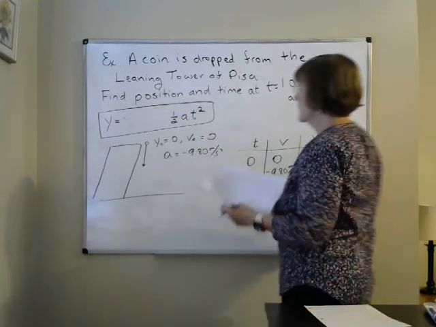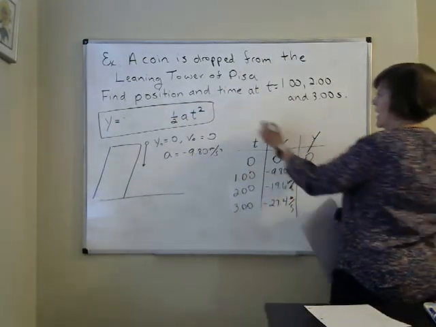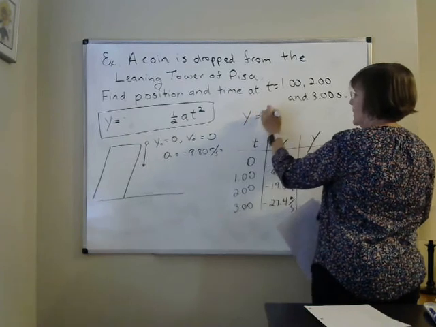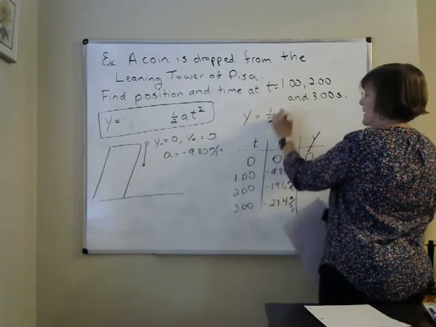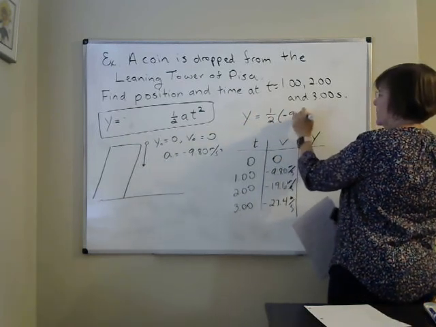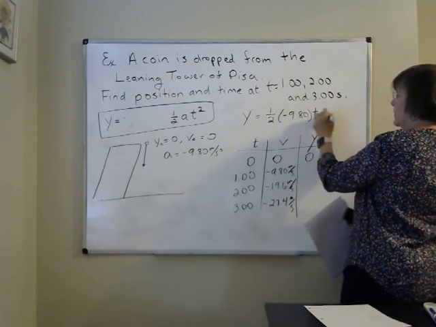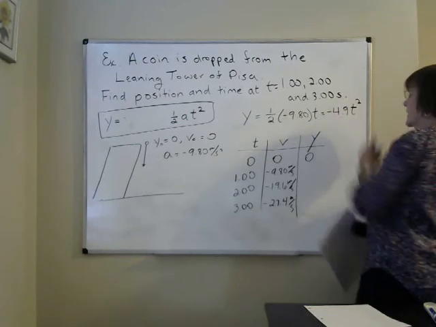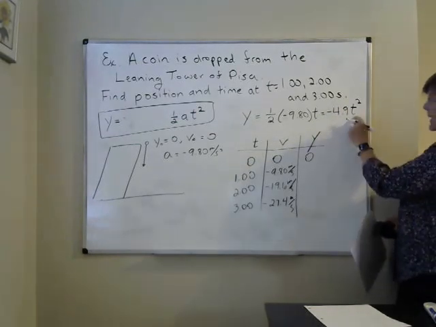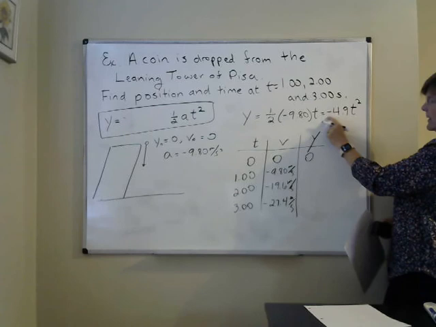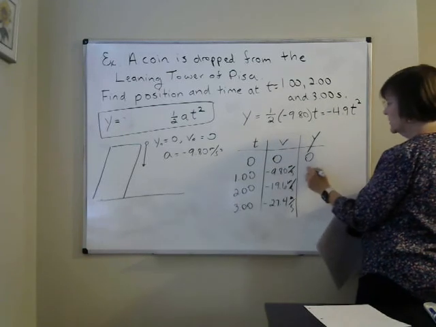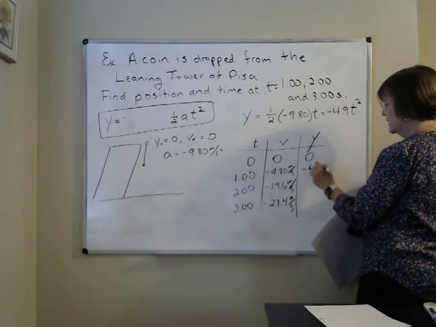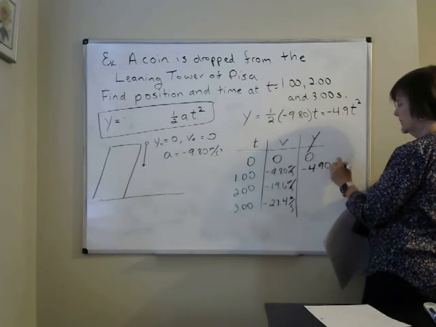And I'm really left with my position y is equal to 1/2 negative 9.80 t squared, or negative 4.9 t squared. That means when t is 1, negative 4.9 times 1 squared, I will have fallen 4.90 meters.